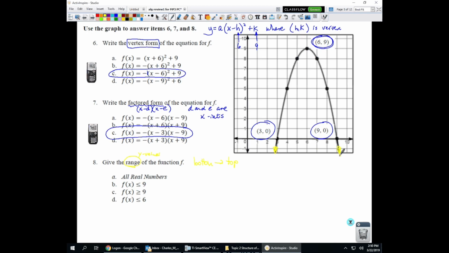So there is no bottom, but it does have a top right here at the vertex. So the highest y value, again, range is about y values, the maximum y value is the 9. So y can be anything lower than 9 or 9 itself. So every y value from 9 down would be represented by the inequality f of x, same as y, f of x is less than or equal to 9.